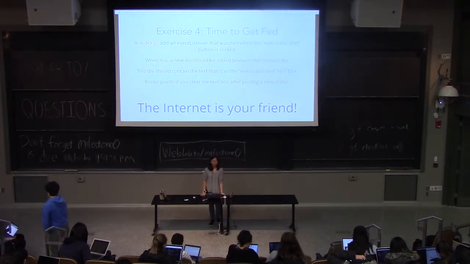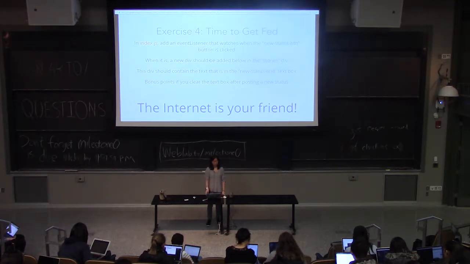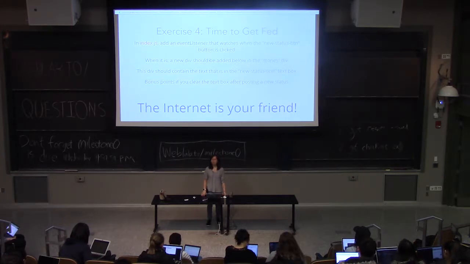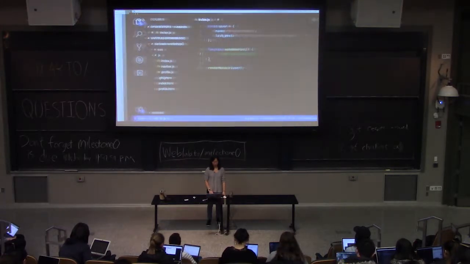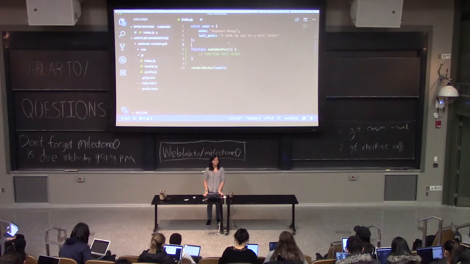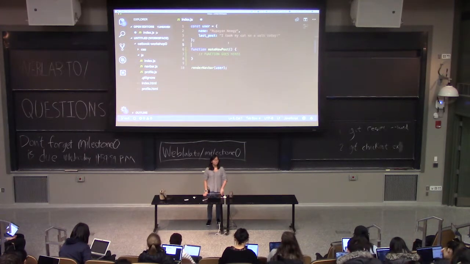So I'm going to first start off. I'm going to do one step. I'm going to try adding an event listener to the new status button. So before I can add something to the object, I need to get the object first. Can someone help me with how I would grab the object? Hands, or just shout.